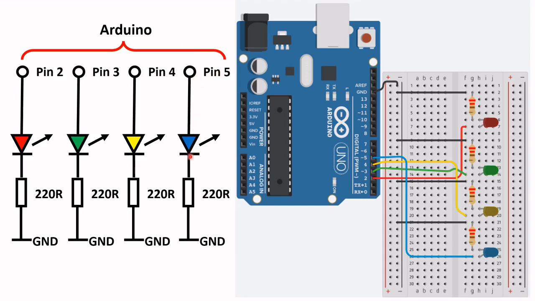The cathode is connected to a 220 ohm resistor, and the other end of the 220 ohm resistor is taken to ground. This is identical for all the other LEDs. For example, the yellow, green, and red are all identical circuits. And over this side is the wiring diagram for this particular schematic.